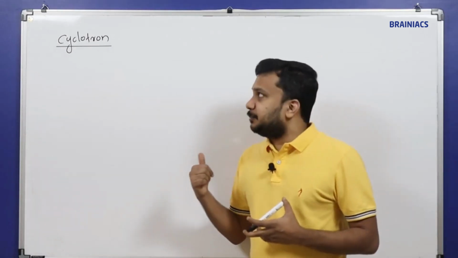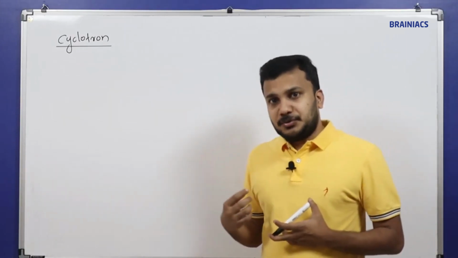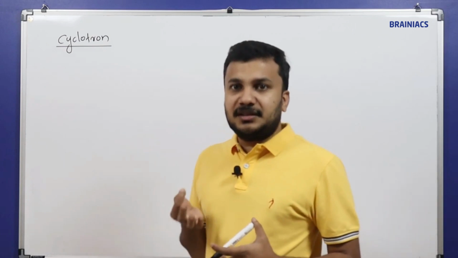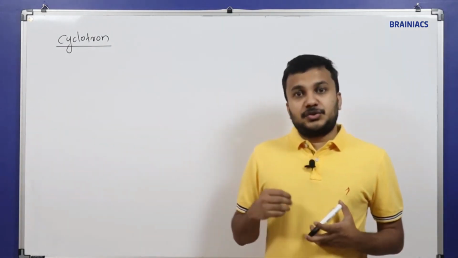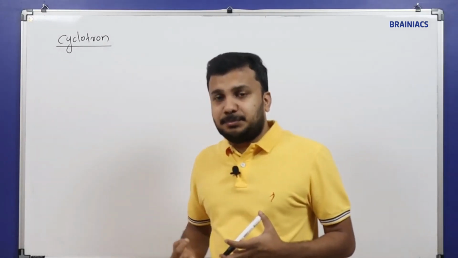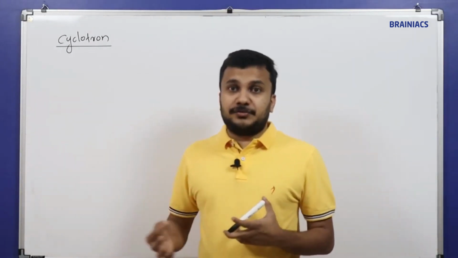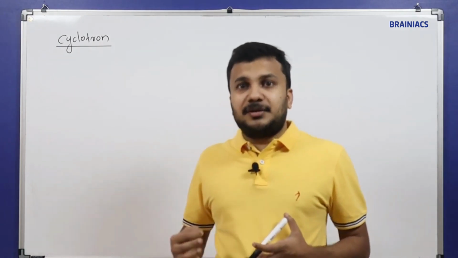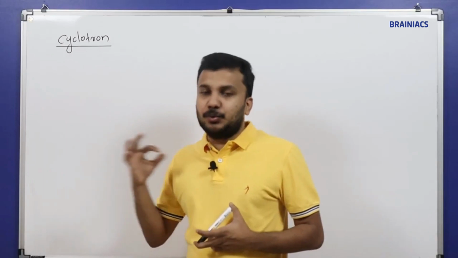But what is the use of a cyclotron? A cyclotron can produce fast moving charged particles. Then the next question will come: sir, what is the purpose of getting fast moving charged particles? Fast moving charged particles are required for various experiments, for example in a nuclear reactor. So three things: a cyclotron is a device; it is used to produce fast moving charged particles; and it is used, for example, in nuclear reactors, among many other applications.